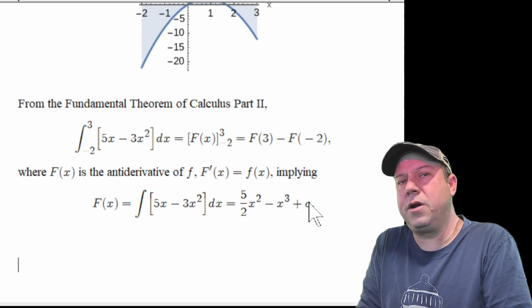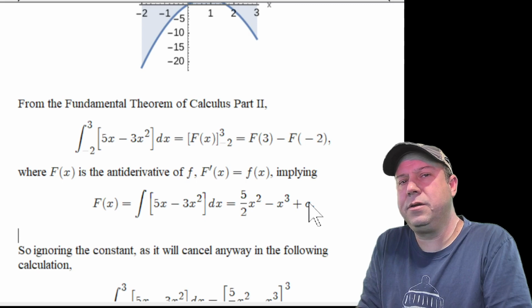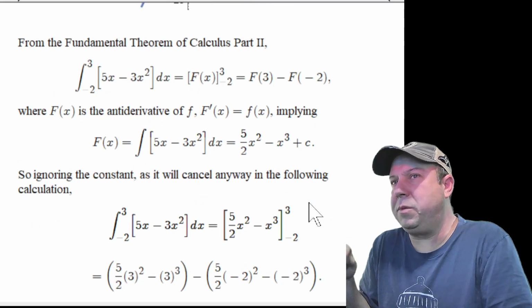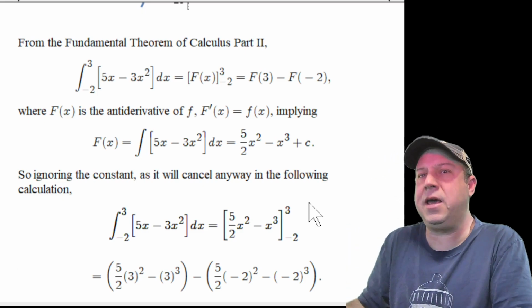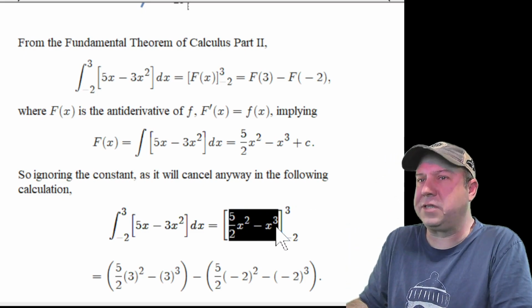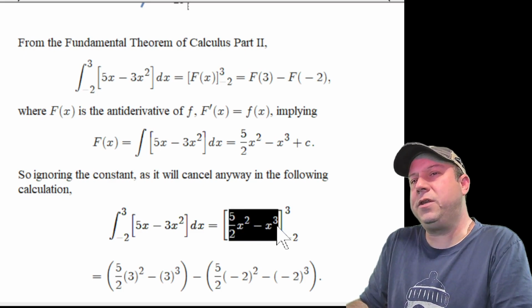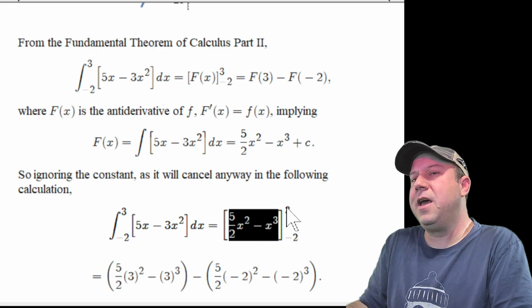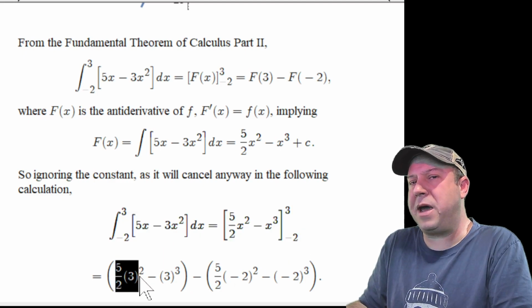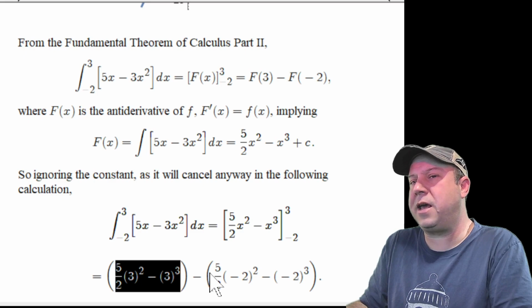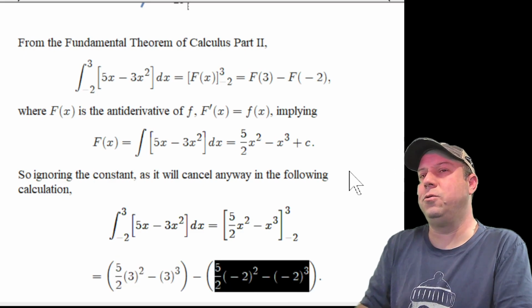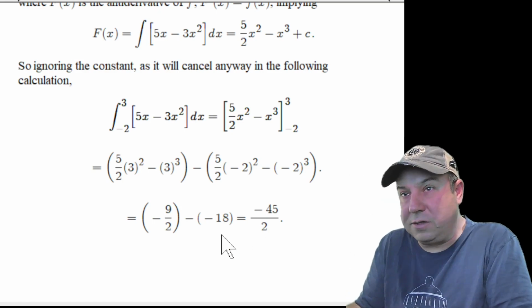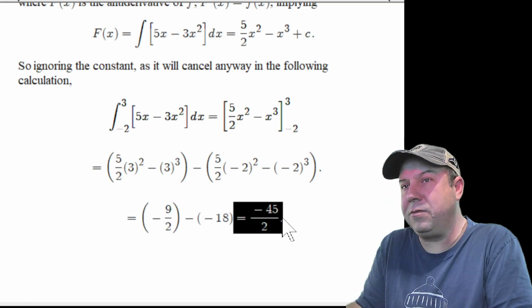So in our calculation, we can ignore the constant within our antiderivative, because it is going to cancel away anyway in the definite integral calculation. Substituting that antiderivative in for capital F of x, and then evaluating it across these bounds, taking its value at 3 and taking away its value at -2, when we perform that math, we find it equals -45/2.